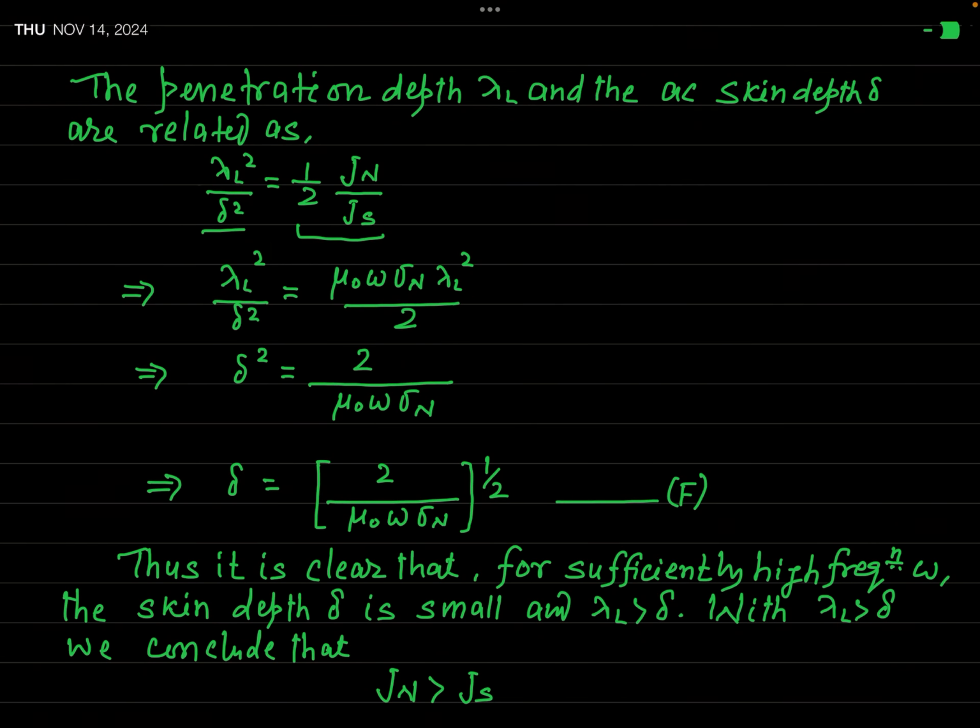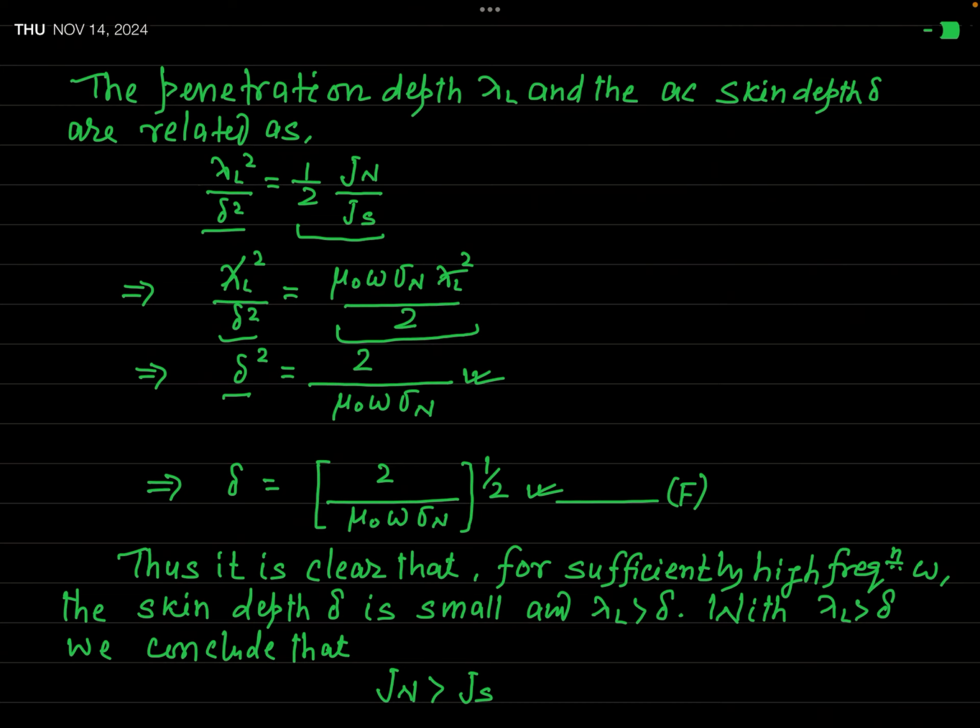If you substitute this value here, lambda L square over delta square is equal to mu naught omega sigma n lambda L square over 2. From here you can see that lambda L square will cancel on both sides, and delta square is equal to this much, and so delta is this. This is the expression for the skin depth.